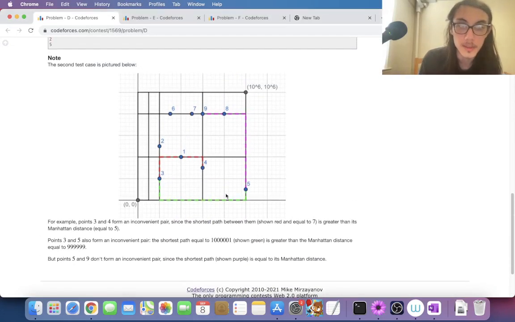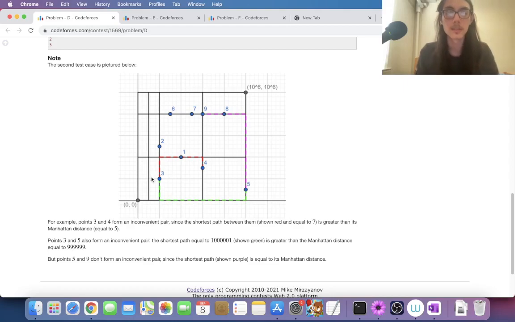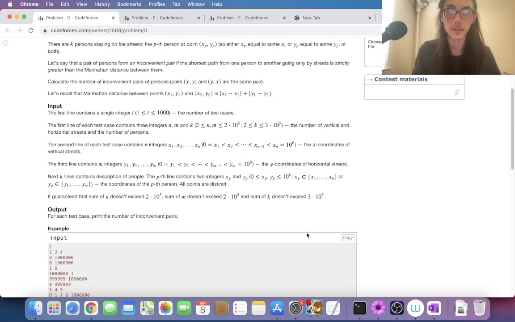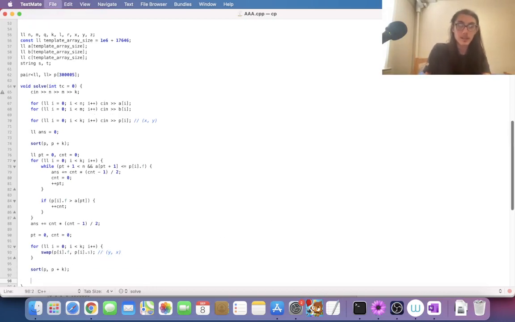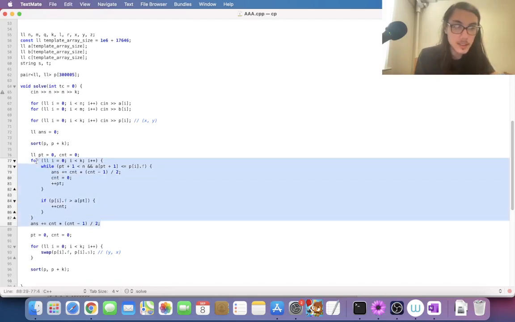Also, just to make sure this is correct, here we're doing x coordinates and these are x coordinates. We should be comparing x coordinates to x coordinates. So now we're doing yx, and the only reason is because I want y to be first so that I can sort by y. That's it. Then we're basically doing the exact same code.